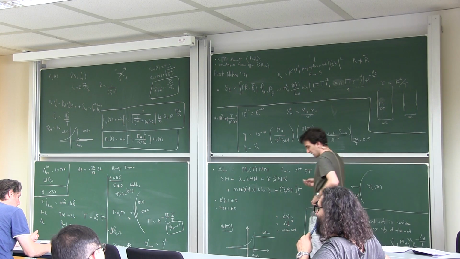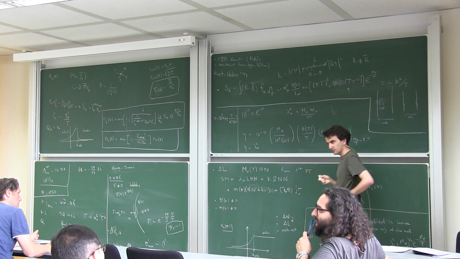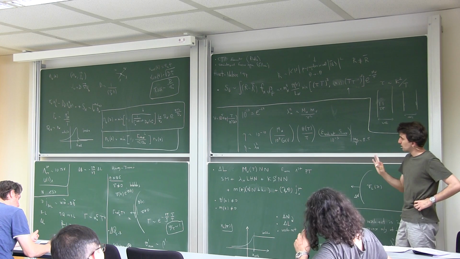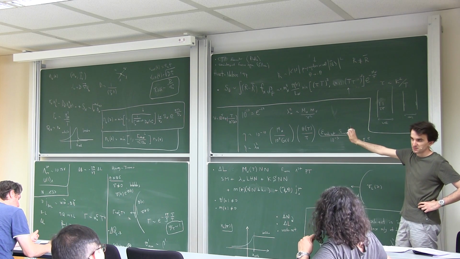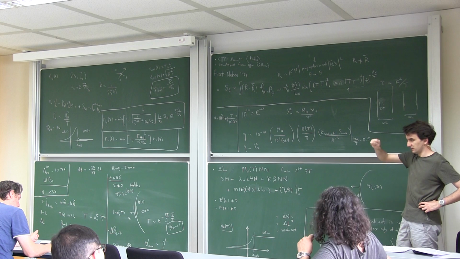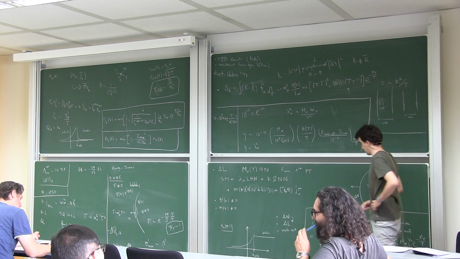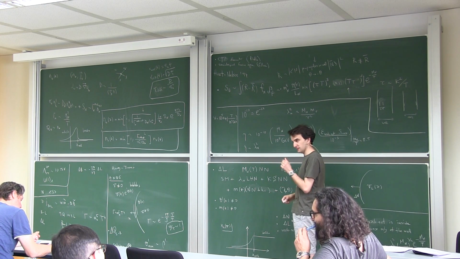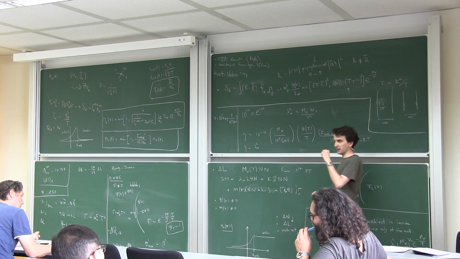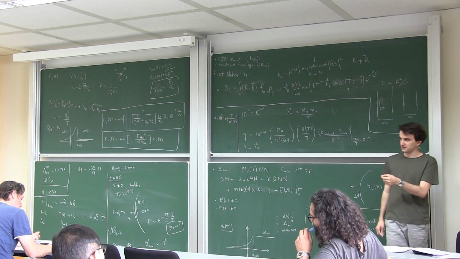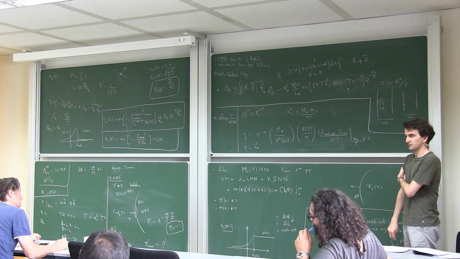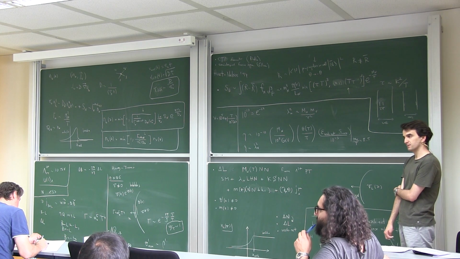It depends. There are two or three sources. The frequency is mostly set by the phase transition. The abundance is set also by this alpha parameter, which is the ratio of the latent heat released during the phase transition over the radiation, and that is very model dependent.